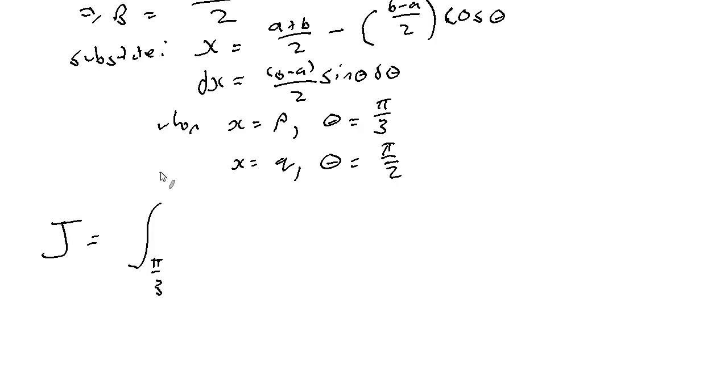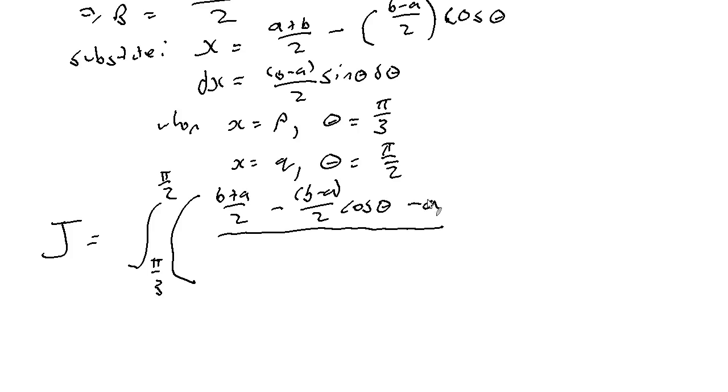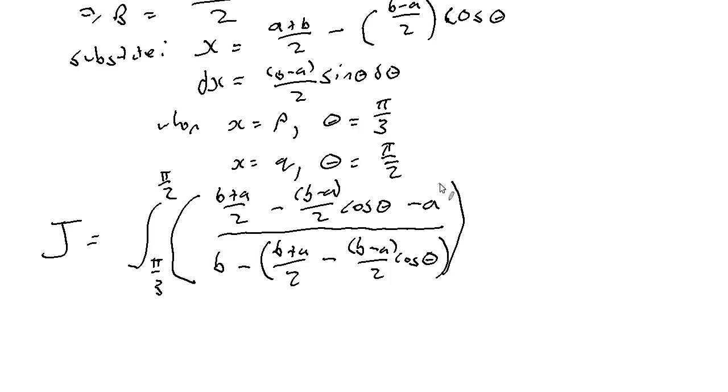the integral from pi over 3 to pi over 2 of, now watch closely, the square root of ((b plus a) over 2 minus ((b minus a) over 2) cos theta minus a) over (b minus (b plus a) over 2 plus ((b minus a) over 2) cos theta), times ((b minus a) over 2) sine theta d theta.